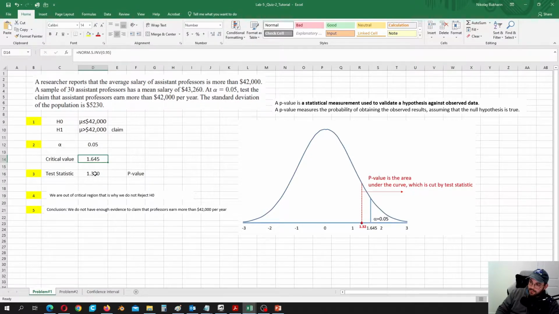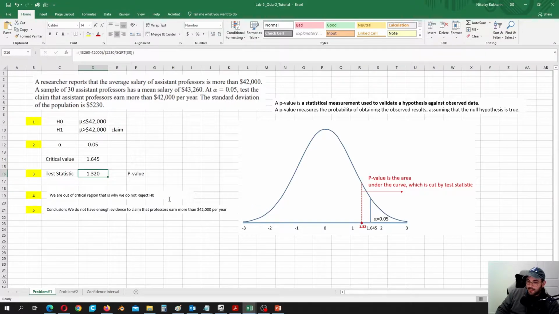Then we calculated our test statistic and compared it to the critical value. If it was out of the critical region, we did not reject H0. If it was within the critical region, we rejected H0.